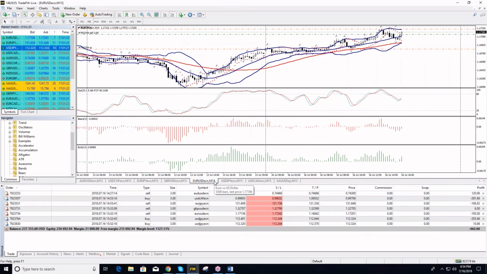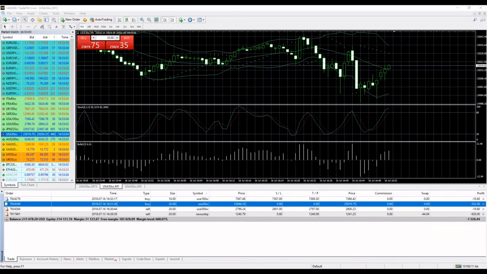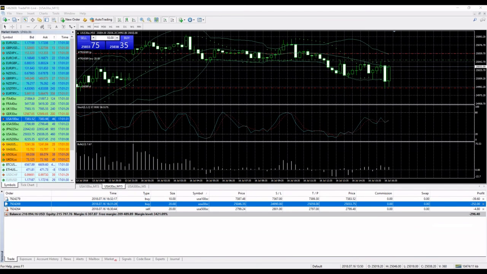And let's see what's going on from the nice indices trading. Guys, you were asking me beforehand about my hedged position on USA 30. You know, I had a sell position and a buy position. I closed my sell position with a profit of $308. And right now, our Dow Jones buy position is moving.